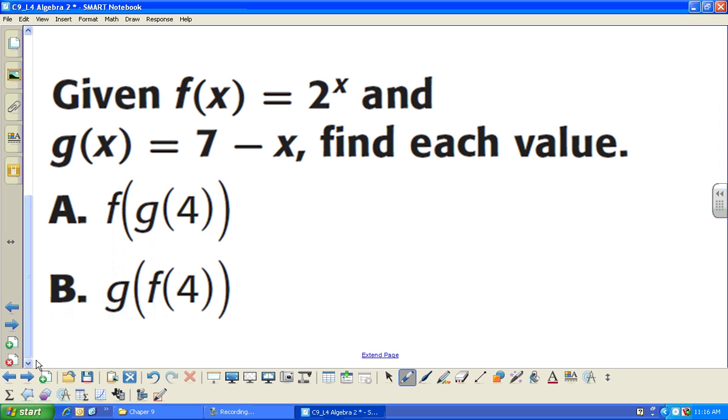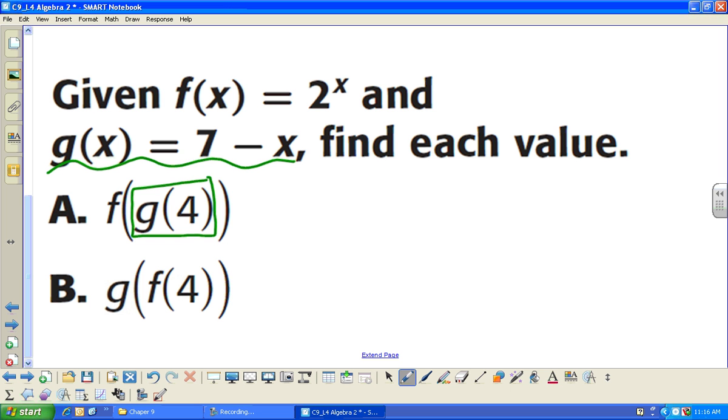Given that function of f is equal to 2 to the x, and the function of g is equal to 7 minus x, find each value. This is saying work inside, out. So if I look on the inside, I'm left with my function of g of 4. So I'm looking at my function of g.